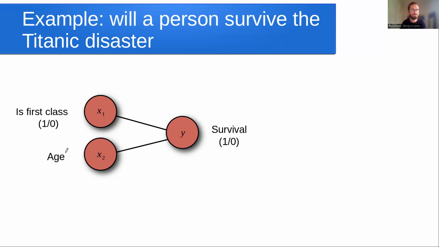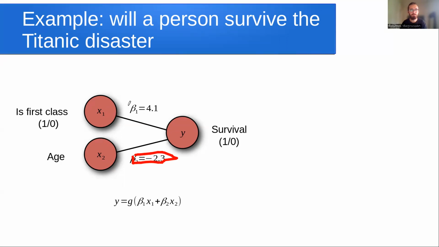And here I'm at least speculating that since women and children boarded the lifeboats first, the younger the passenger was, the more likely it was to actually get a place in the lifeboats. And then between these input parameters x1 and x2, first class and age, we also have one parameter for each respective input variable, beta 1 and beta 2.